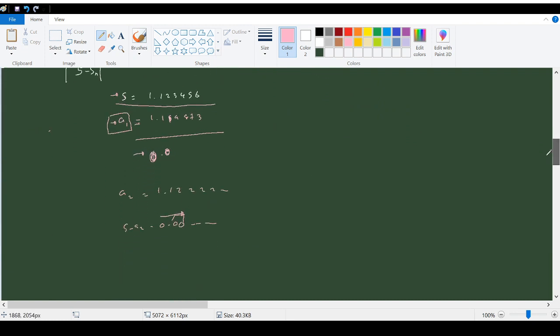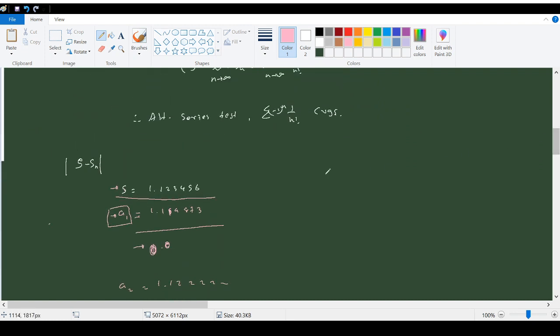Okay, so basically what we need to do is find an error which is at least less than this amount, right? Like for the error, it should at least have 3 zeros for the decimal points, right? After that you can have numbers, right?